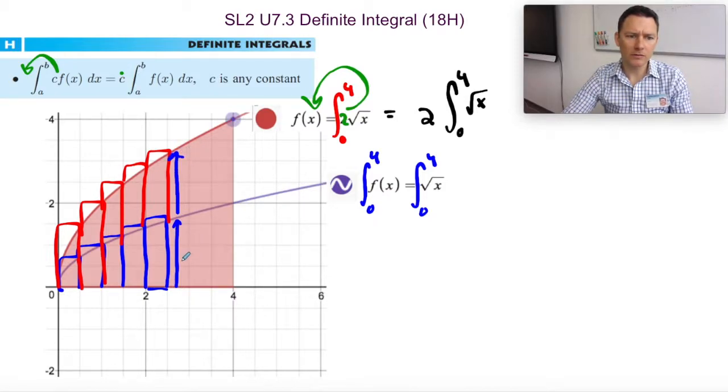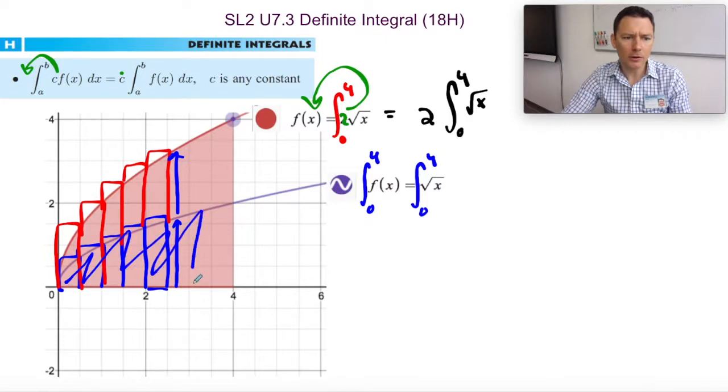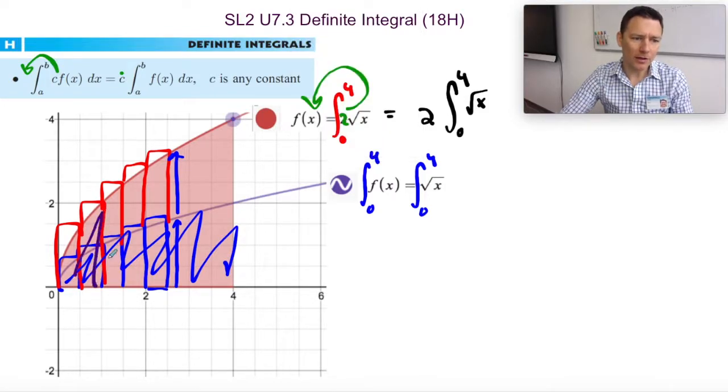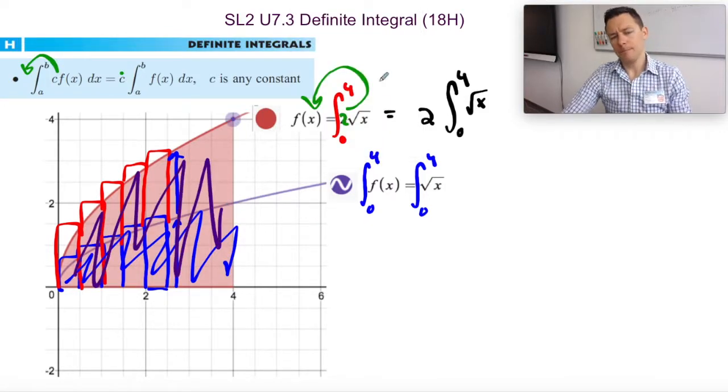So all you need to do is double your original area here, and you get the area of the whole thing. You get the area of all this. But short version is, if it's inside, you can pull it outside if it's a constant.